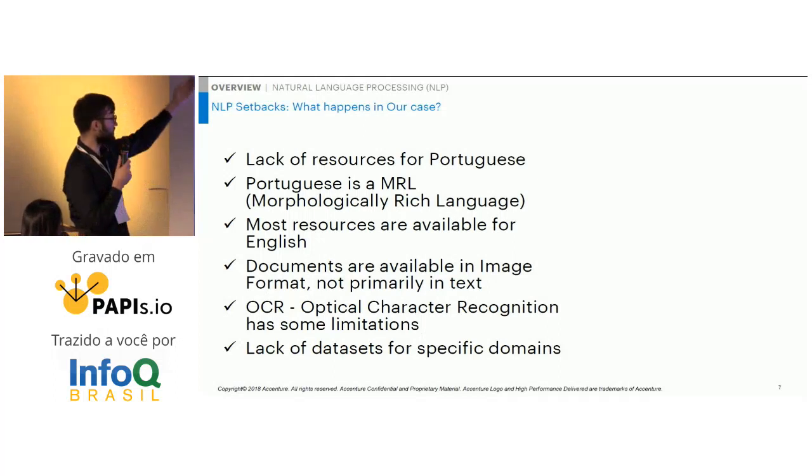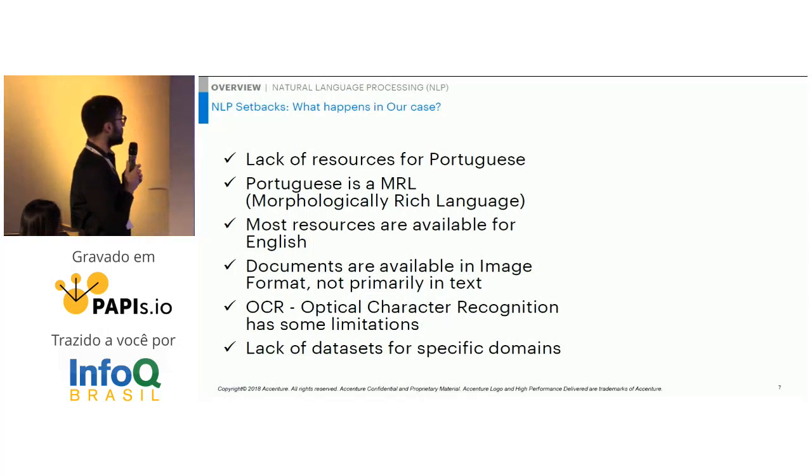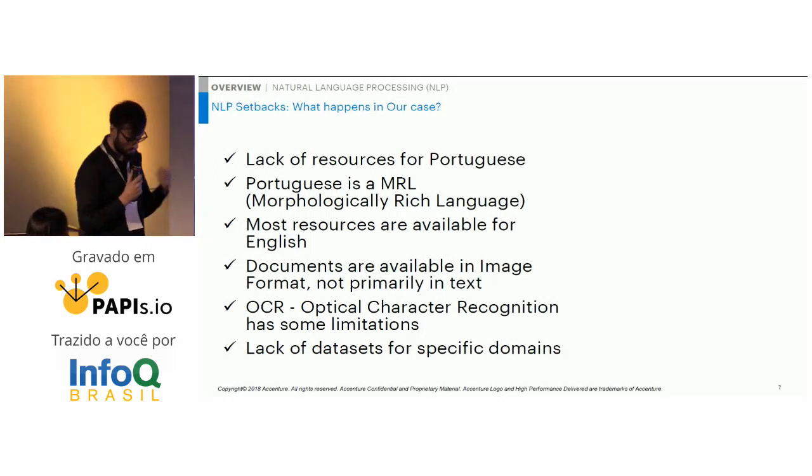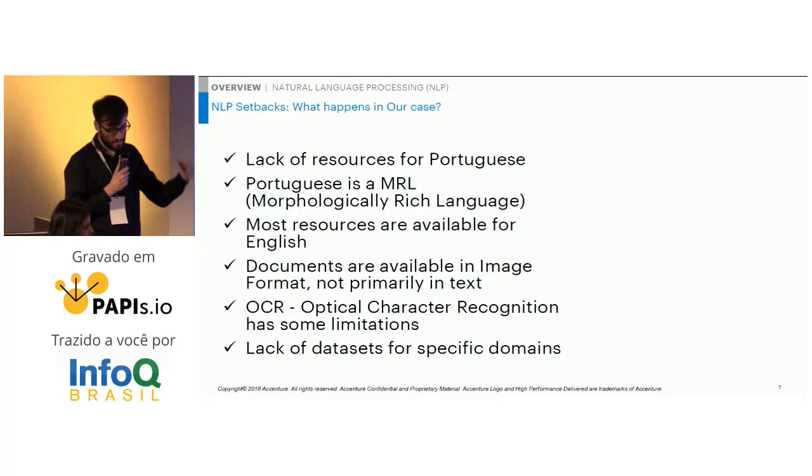And the problem in NLP, if you're going to try to construct some classifier, is that most of the resources are available in English. The other problems that we faced in our application were that we have some documents that are only images and we have to translate them.